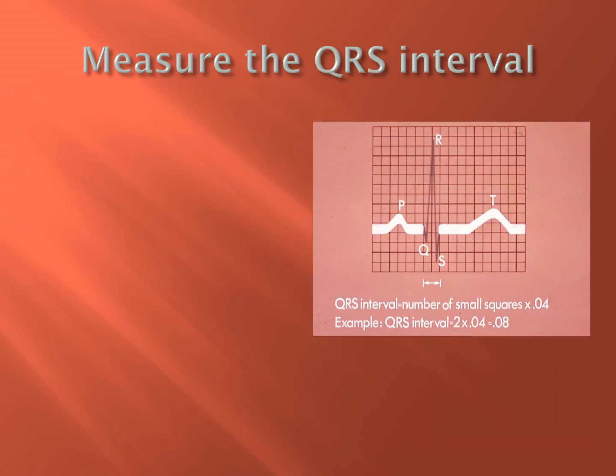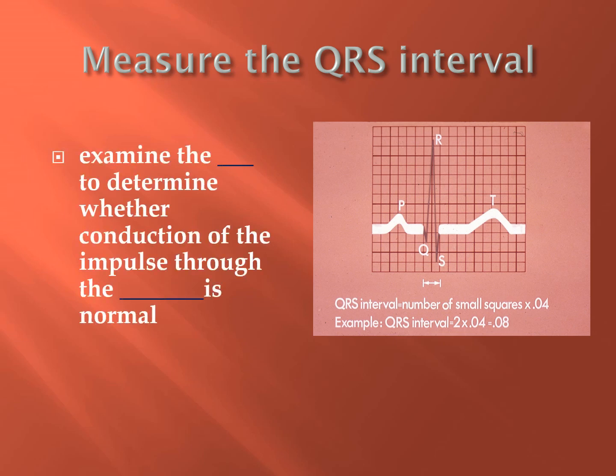To measure the QRS interval, examine the QRS to determine whether the conduction of the impulse through the ventricles is normal. So this looks at ventricular strength and contraction. How strong is that conduction ultimately?